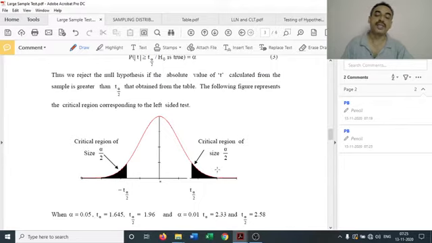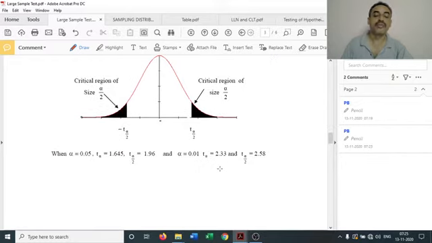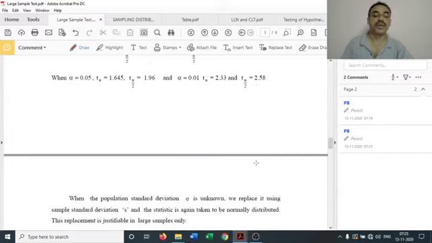Thus we set the critical region according to the given fixed value of significance level. Here for different significance levels we have the values: alpha 0.05, t alpha 1.645, and t alpha by 2 will be 1.96; alpha 0.01, t alpha will be 2.33, and t alpha by 2 will be 2.58.